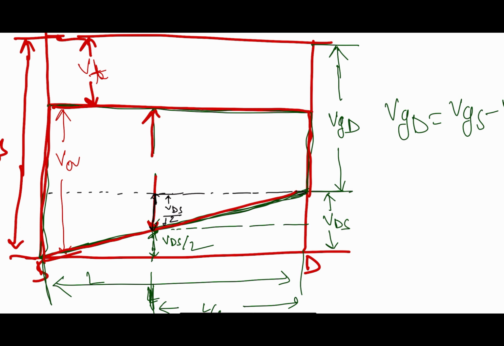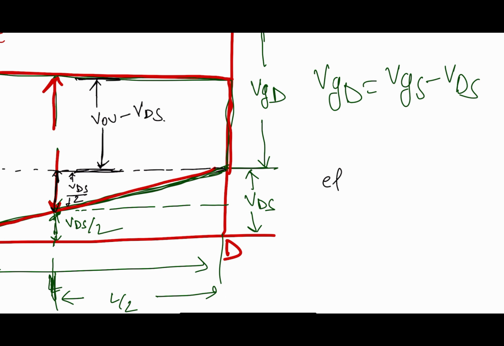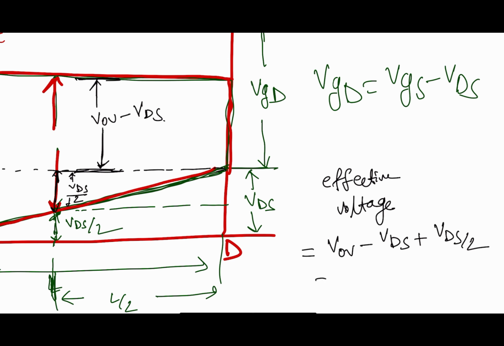And here to here is how much? VOV minus VDS. So I can write down the effective voltage now is equal to VOV minus VDS plus VDS by 2, so it is equal to VOV minus VDS by 2.